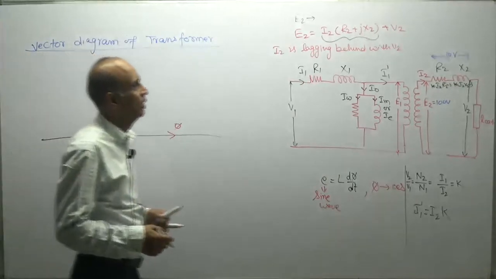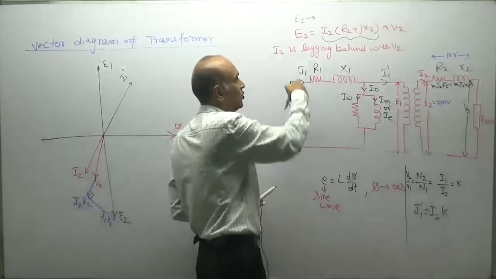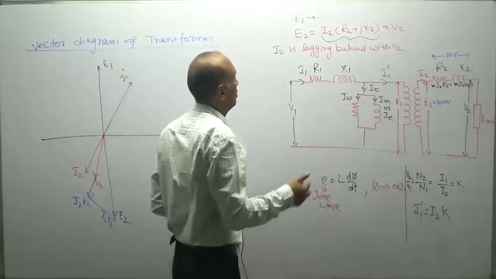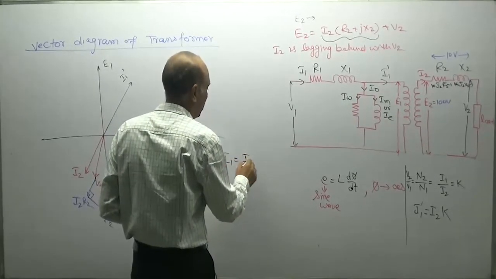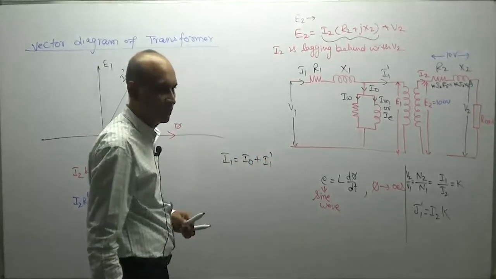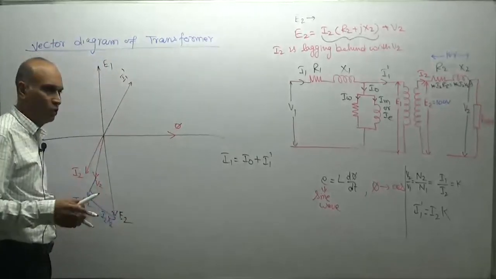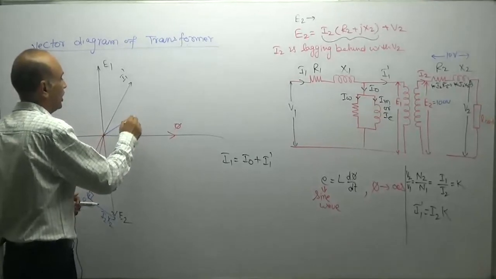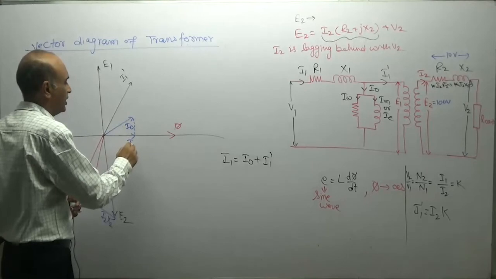Now, it is a no load current and actual primary current is this one. So, you can write it as actual primary current is no load current plus I1 dash, right? So, where is the no load current? It is the no load current. It is its magnetizing component.